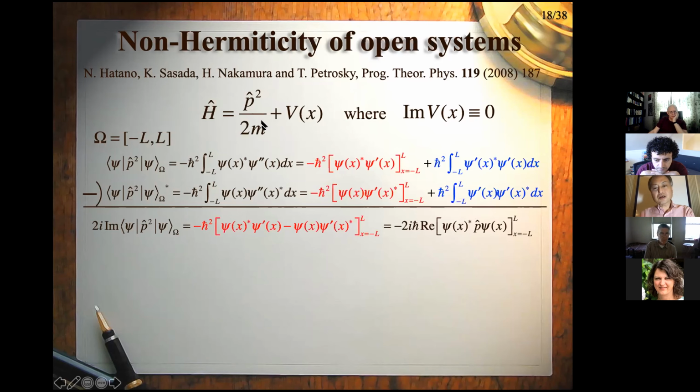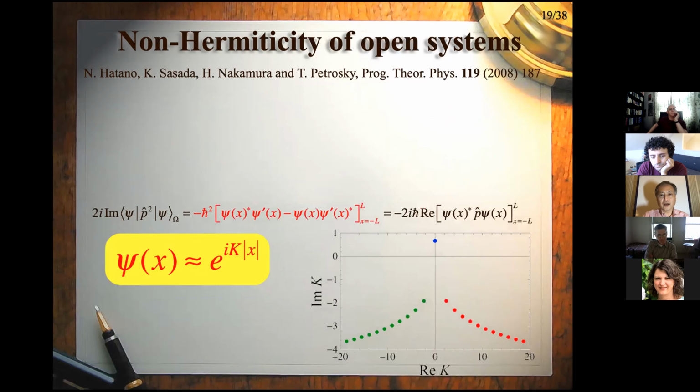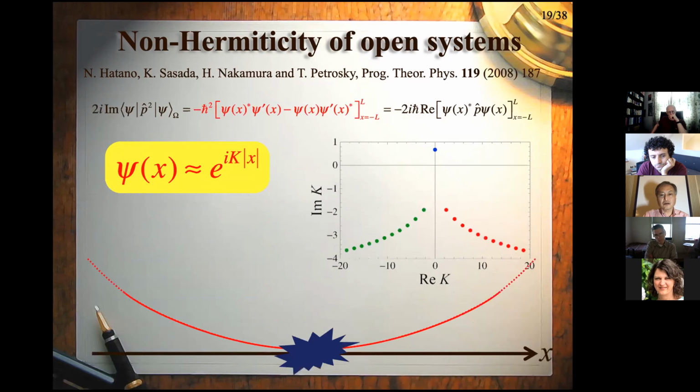But for a resonance state, you can't say that, because in the resonance state the imaginary part of the wave number is negative, which means that if you insert the negative imaginary part here, you have this kind of wave function, diverging in space.